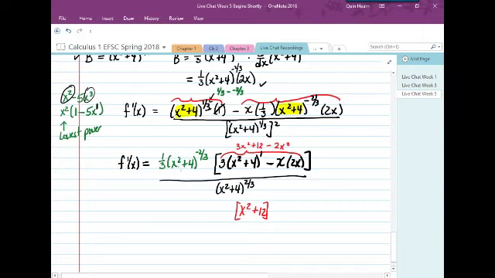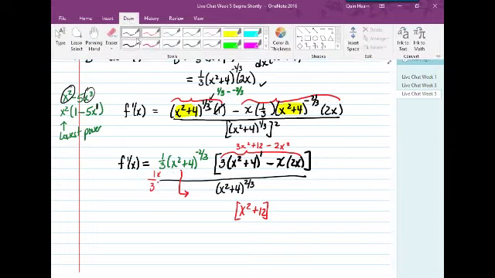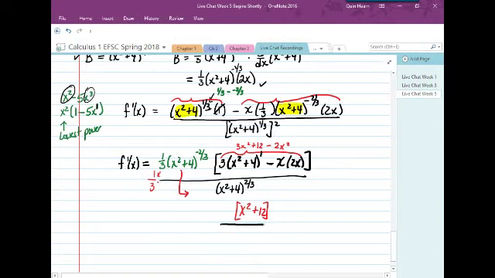Okay, and I'm going to bring my x squared plus 4 to the negative 2/3 down below, and I'm also going to think of this 1/3 as bringing it out front. So the 1 is in the numerator and the 3 is in the denominator. So this is going to be 3 times x squared plus 4 to the positive 2/3 times the x squared plus 4 to the positive 2/3 that was already there.